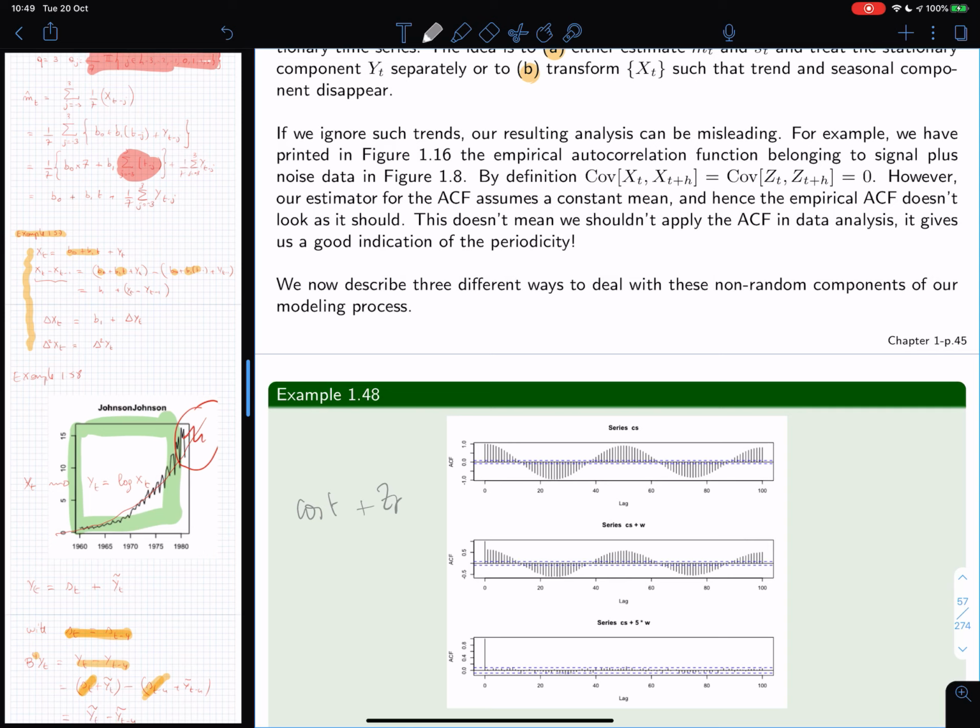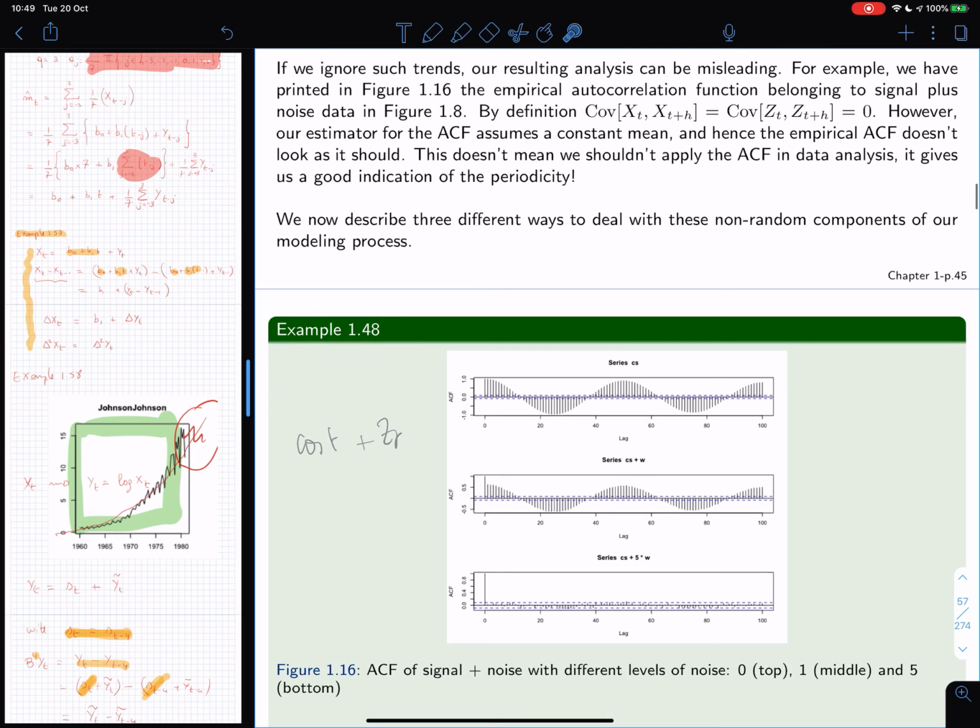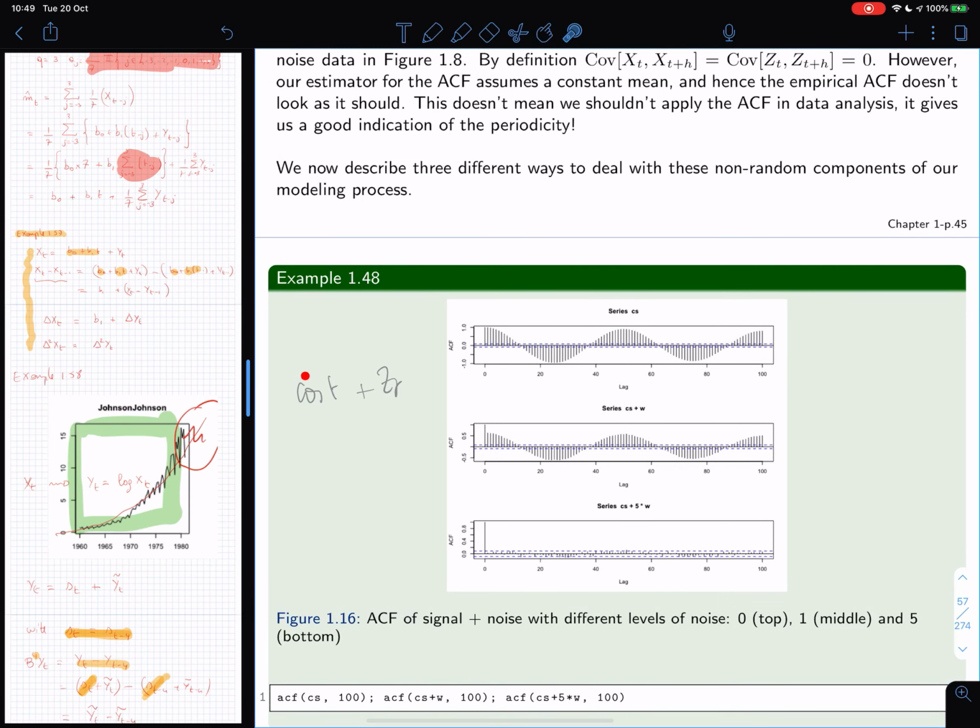And obviously this is not going to be stationary, and you have to eliminate this non-random part before you can do anything. If you don't eliminate it, you can still compute your covariance, but it will look like something which is not at all stationary. Whereas once you eliminate this part, you're left with the covariance of the noise, which is exactly what you expect: something at lag 0 and then nothing after lag 0.